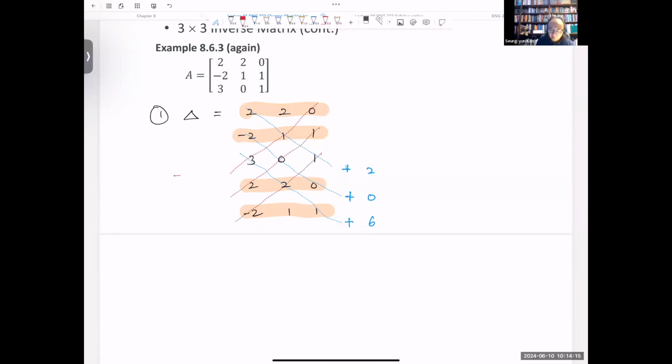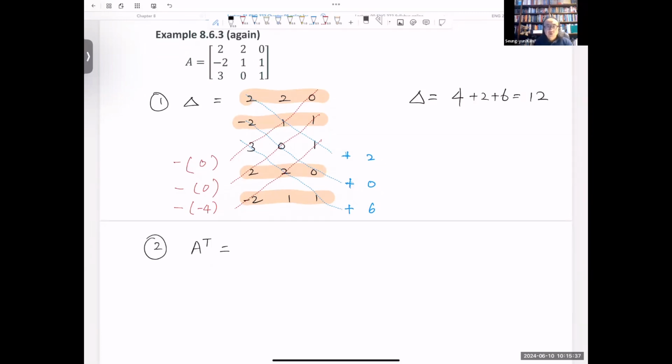This time, everything is minus. Minus 3 times 1 times 0, 0. Minus 2 times 0 times 1, 0. Minus negative 2 times 2, that is plus 4. Now we add all these numbers. 0, 0, 0, 4 plus 2 plus 6.